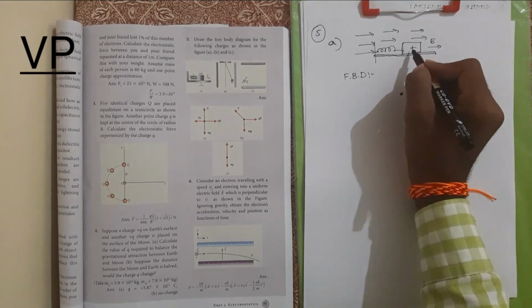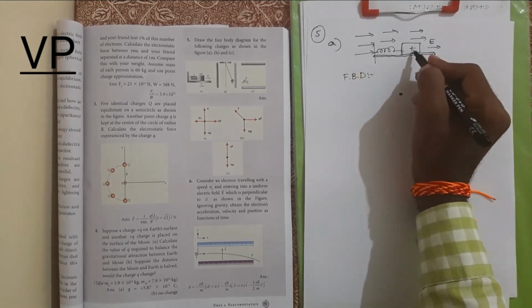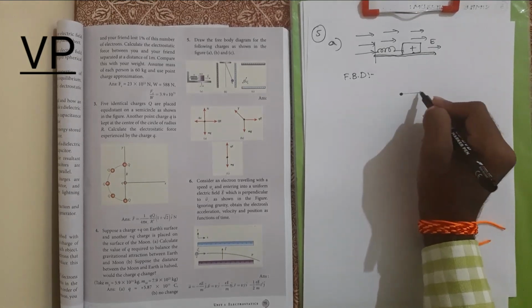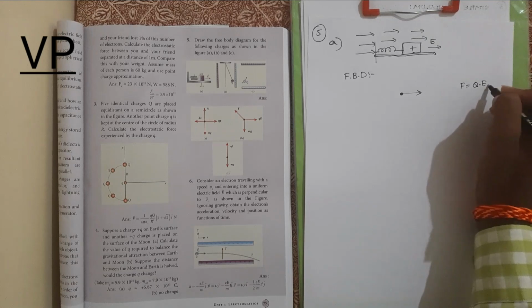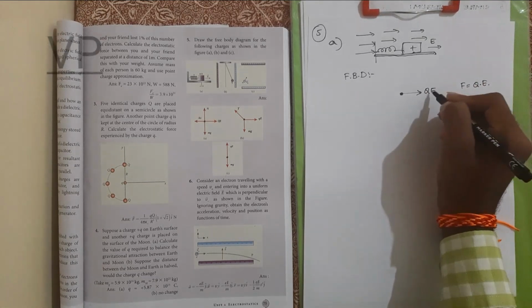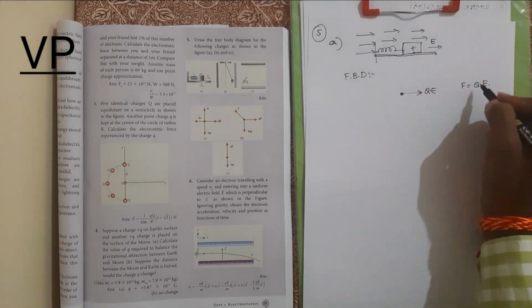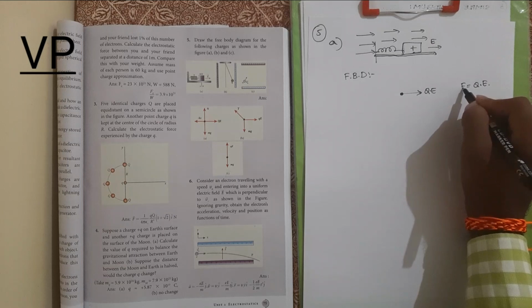If it was minus, it moves in the direction opposite to the electric field. Here it is plus, such that it experiences a force along the direction of the electric field. The force F is equal to qE, that is the charge plus q into the electric field E, which is the force experienced.